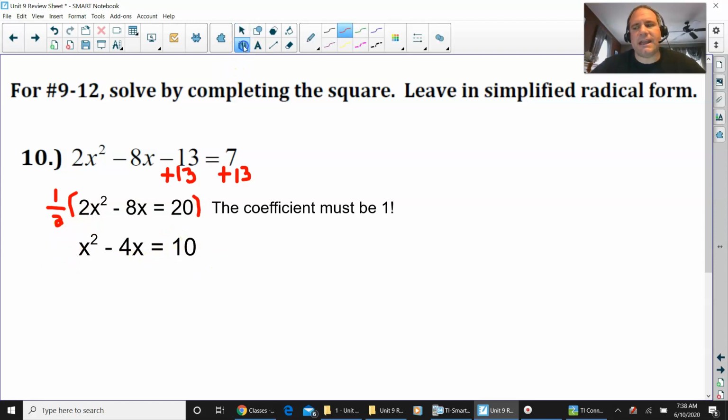Now you could go ahead and take the b and divide it by 2. So just erase what you had if you did it incorrectly. You have negative 2, and then negative 2 squared is 4.